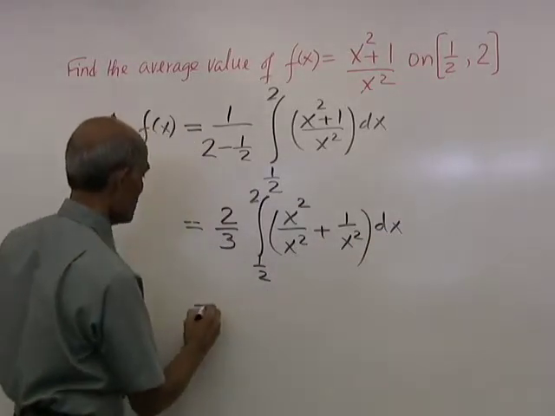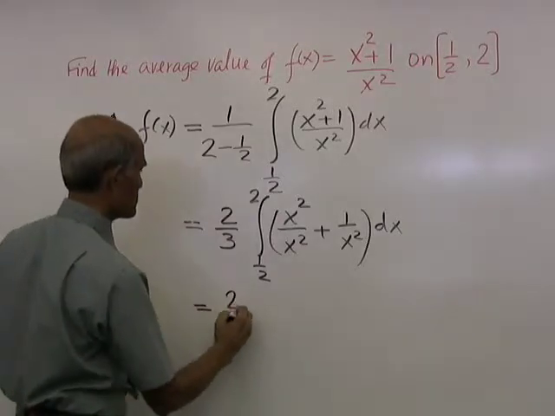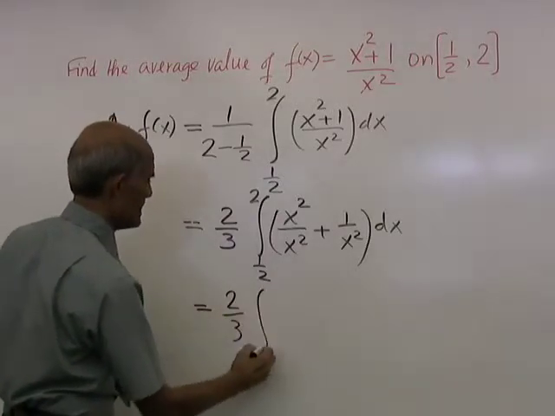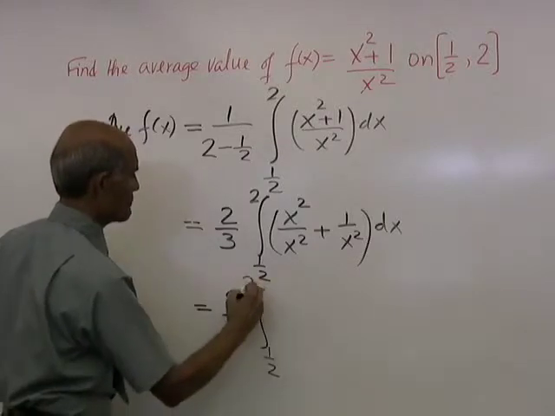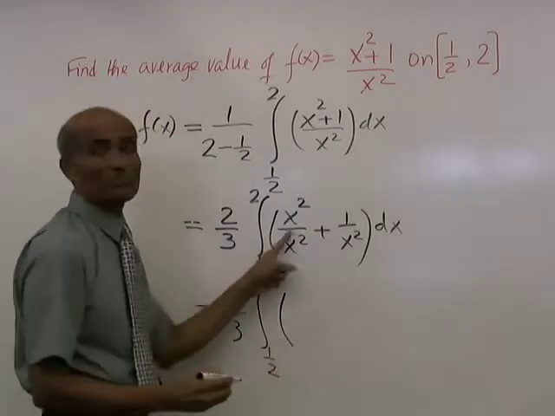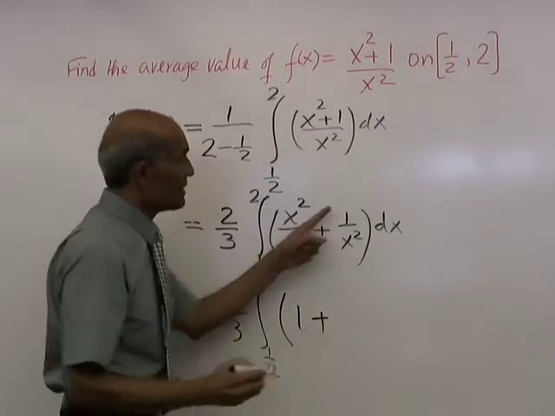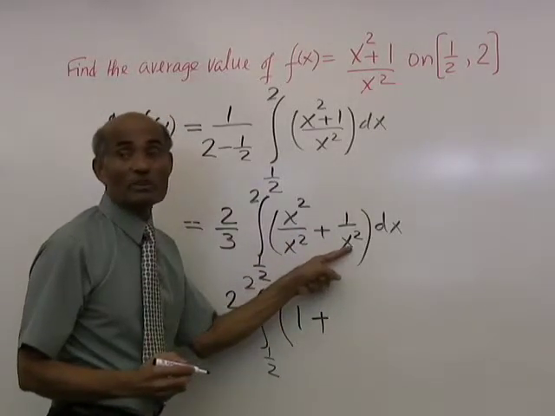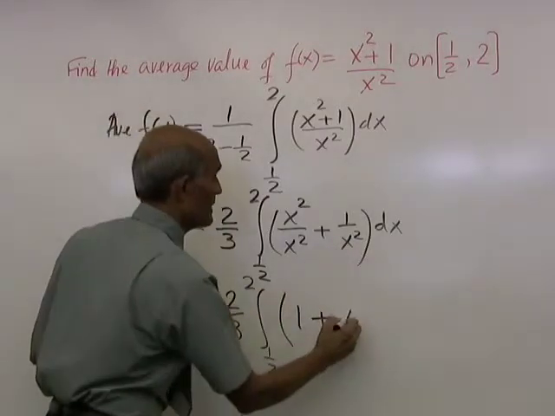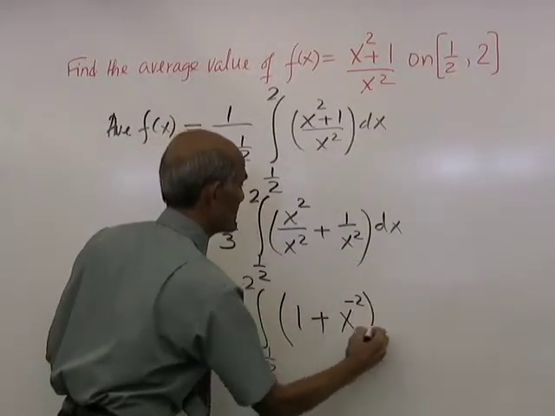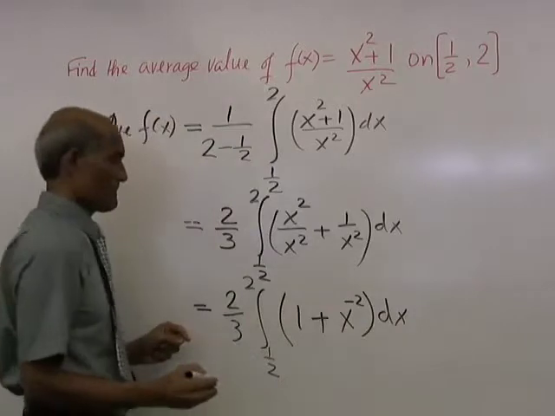Now, let's write one more step. That will be 2/3 integral 1/2 to 2. What does this simplify to? That will be 1 plus 1 over x squared, we need it in the power form, is x to the power of -2 dx.